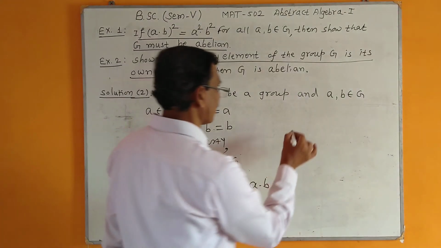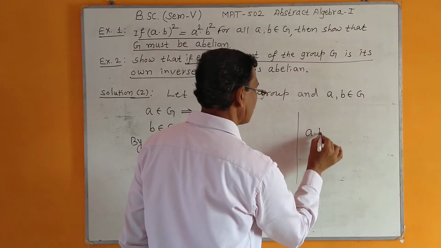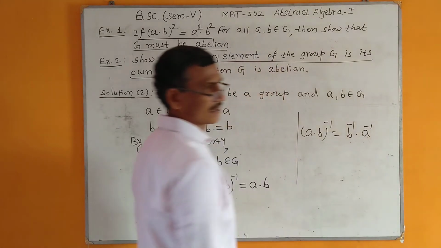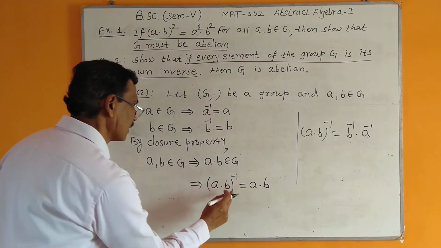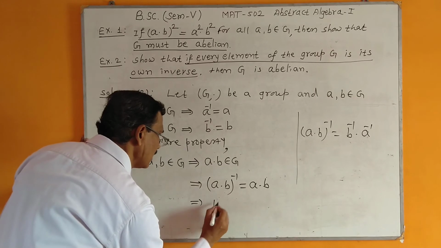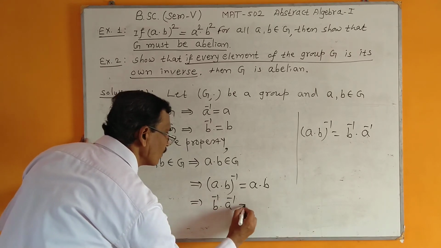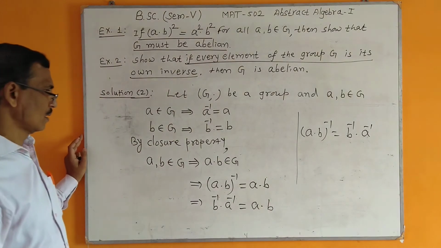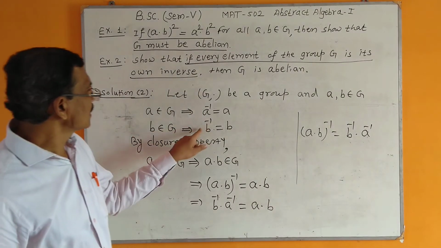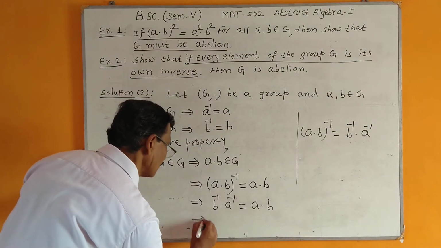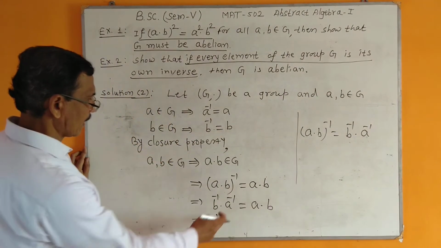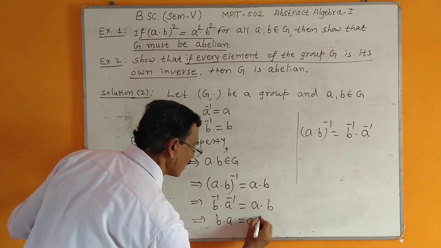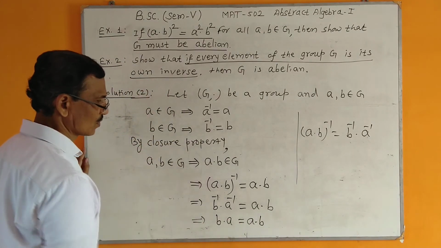But we know the property that (a·b) inverse is equal to b inverse · a inverse. Now using this property, it can be written as b inverse · a inverse is equal to a·b. But b inverse is b and a inverse is a, so b·a is equal to a·b.